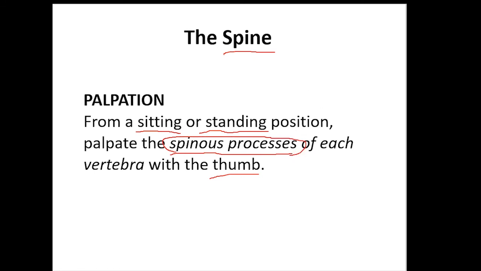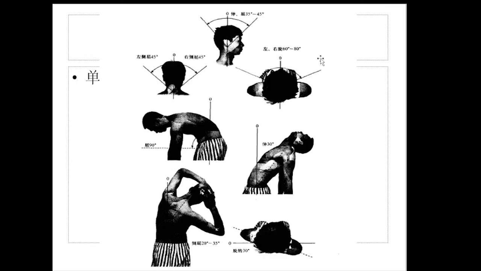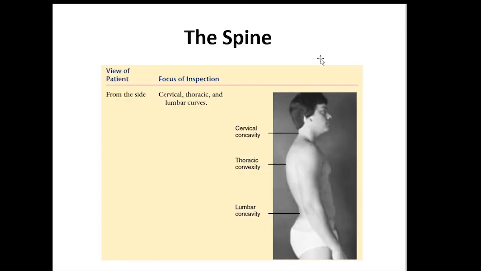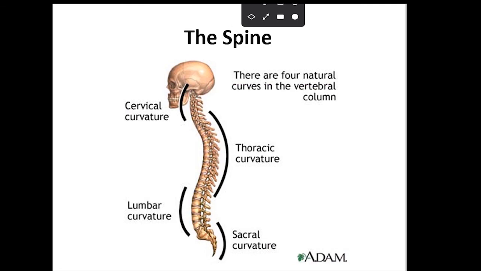In the spinal area, we can separate a few parts. For the neck part, the space is a little bit smaller because it curves like this.